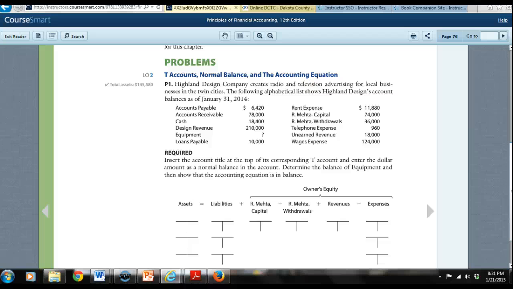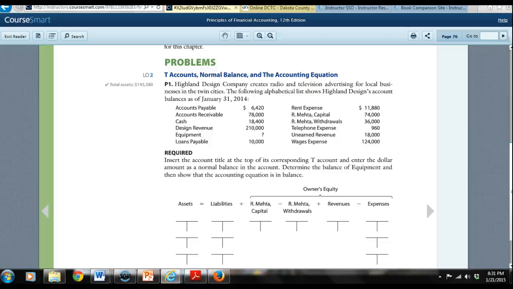P1. Highland Design Company creates radio and television advertising for local businesses in the Twin Cities. The following alphabetical list shows Highland's design account balances as of January 31st, 2014.